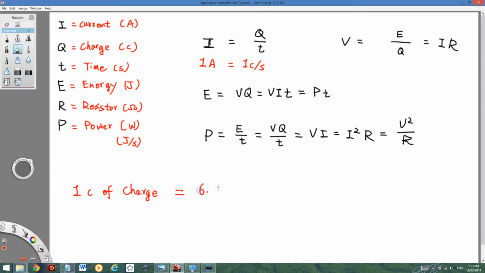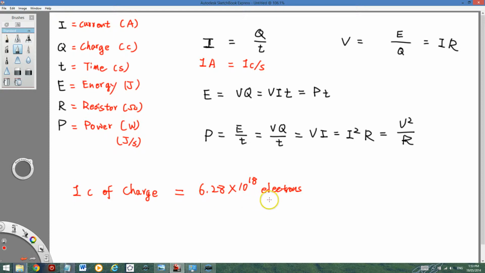Remember, 1 coulomb does not equal this many electrons; it is equivalent to the charge carried by this many electrons. For now, you can use it in calculation as if 1 coulomb is this many electrons, but it's a wrong concept. 1 coulomb is the electrical charge carried by this amount of electrons.